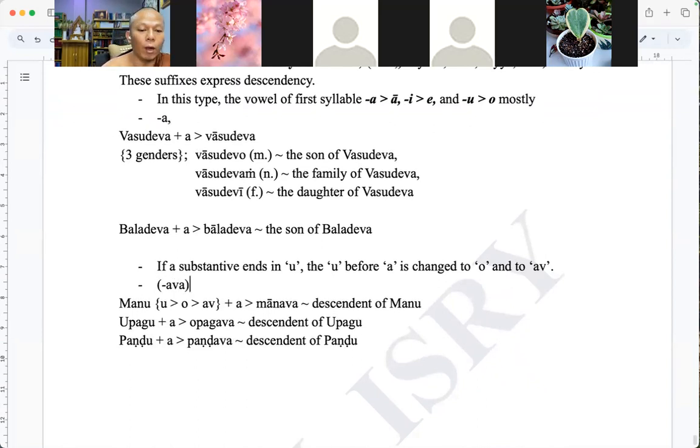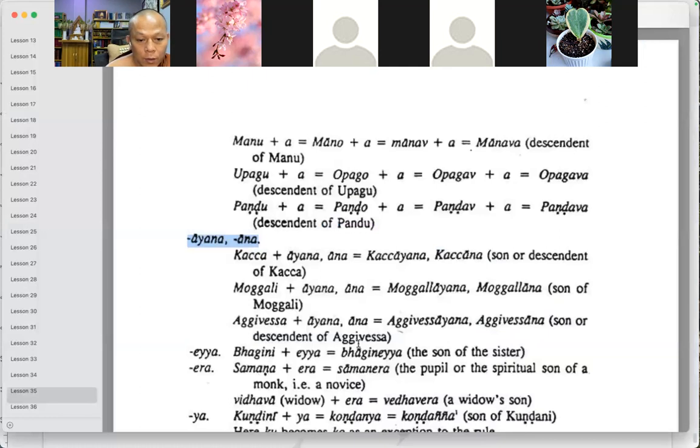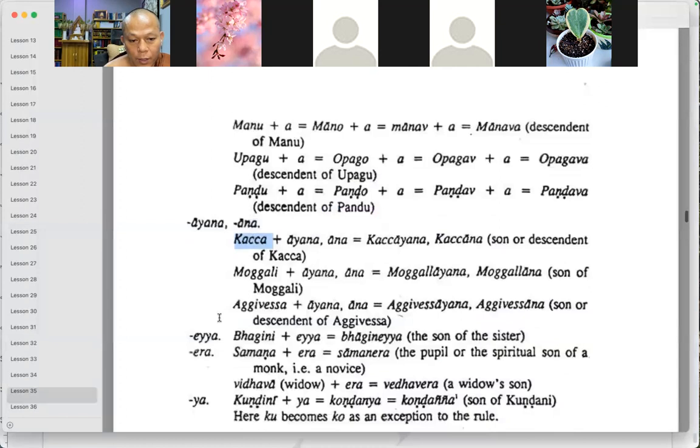These are awa. And then now next, ayana and the ana. So ayana and the ana for so kitja. Okay.